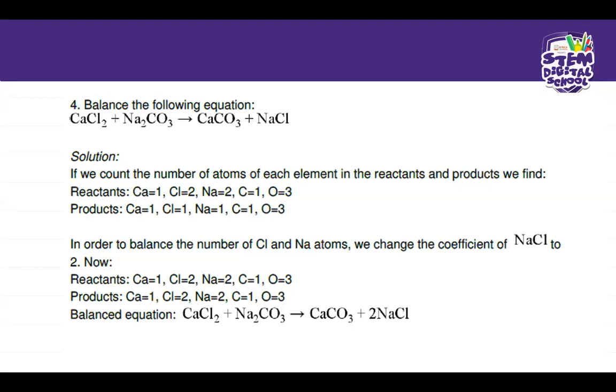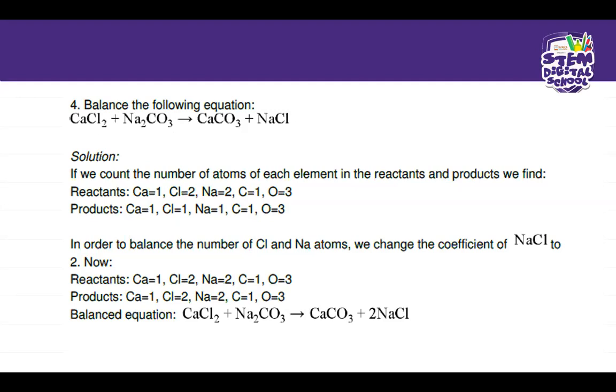Remember what we do in our solution. First, we break them all down according to reactants and products. On our reactant side, we're going to have Ca, and we write the number of atoms: it's 1, chlorine is 2, Na, which is sodium, is 2, C is 1, and O is 3.